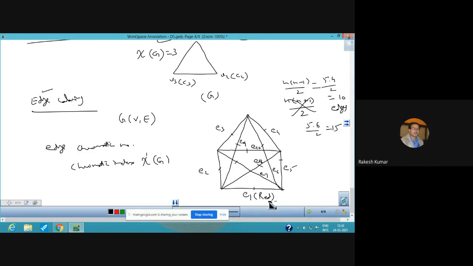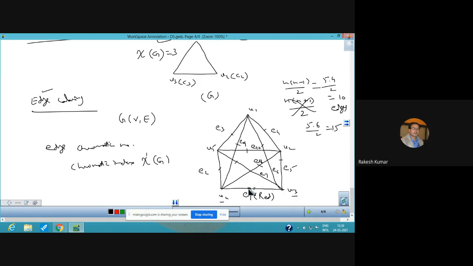Now it means that this edge has been created with the help of vertices V1, V2, V3, V4, V5. This edge E1 is made from V4 and V3. Now the definition says that edges incident with a common vertex, so the common vertices V4 and V3, are assigned different colors.